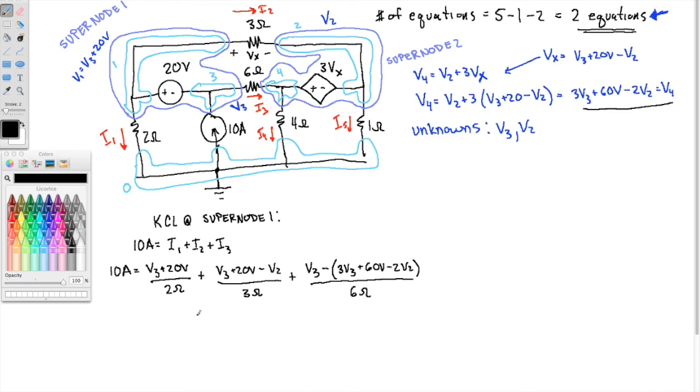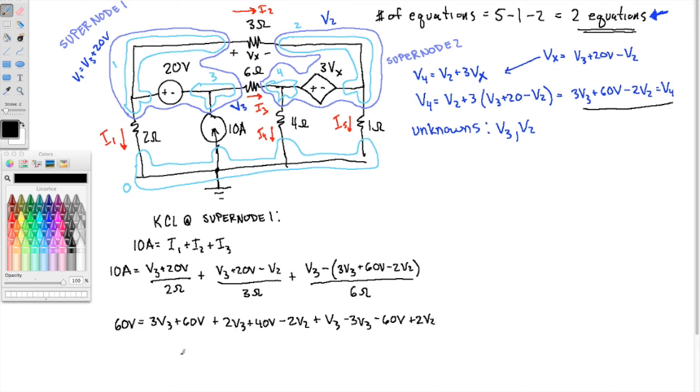So let's get rid of the fractions by multiplying by 6 ohms. So here I have 60 volts equals 3V3 plus 60 volts plus 2V3 plus 40 volts minus 2V2. Then over here I have plus V3 minus 3V3 minus 60 volts plus 2V2.